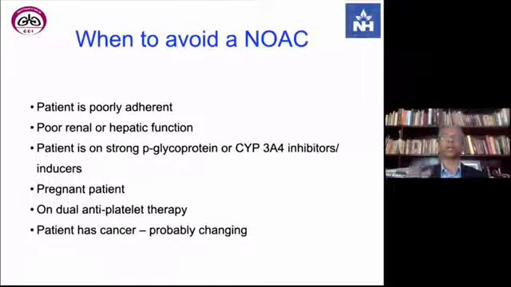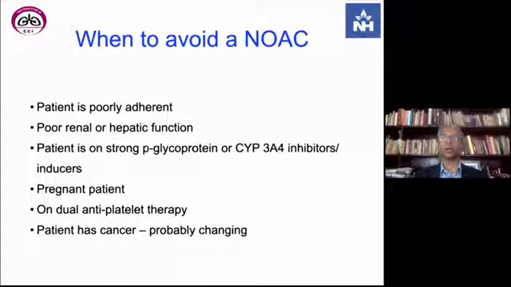But when will you avoid a NOAC? You will avoid it when a person is poorly adherent because you don't know if they're taking it or not. You have no way of cross-checking by doing an INR. When they have, as already mentioned, poor renal or hepatic function, if they're on strong cytochrome inhibitors or inducers, because it will play havoc with your assessment of their clotting. Pregnant patients, we don't have enough data.